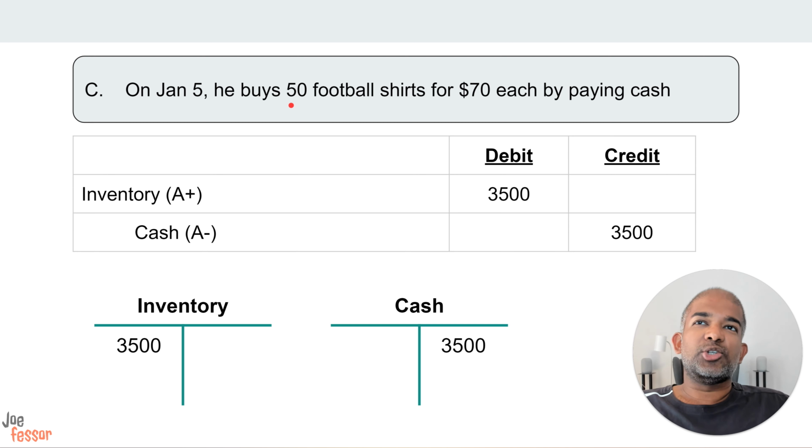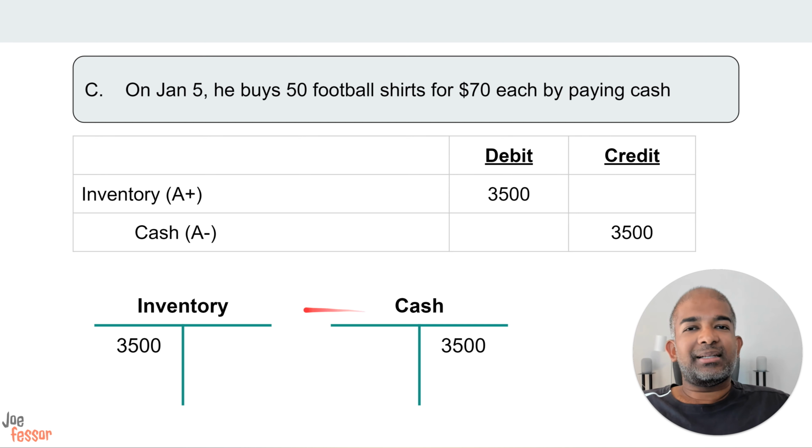His intention is to sell these 50 shirts later, so that goes under assets as part of the inventory. Inventory as an asset goes up and would be debited by $3,500, and cash, which is an asset that goes down, would be credited $3,500. Again, inventory is debited $3,500 and cash is credited $3,500.